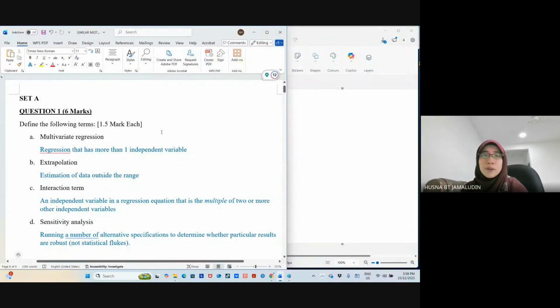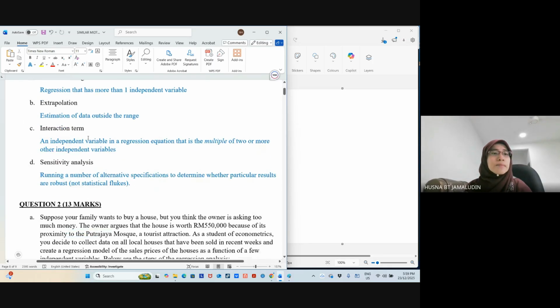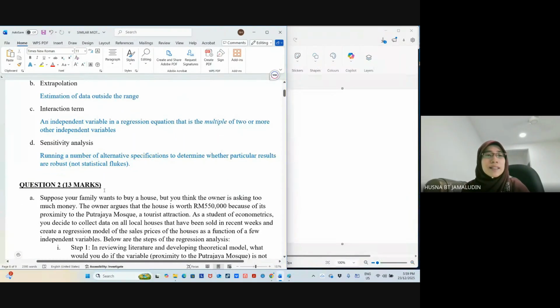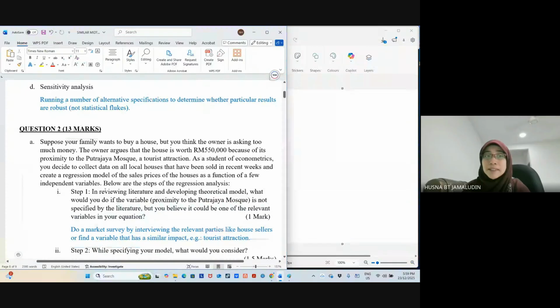Normally for your quiz, your midterms or any type of exam, the first question will be a simple or easy question. For the first set, question 1 is defining the term. It's very straightforward and very easy, and the answer is normally very short. Question 2 is medium level.